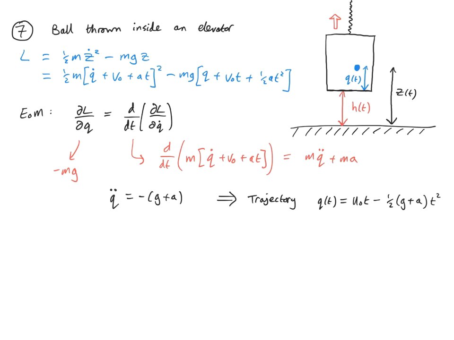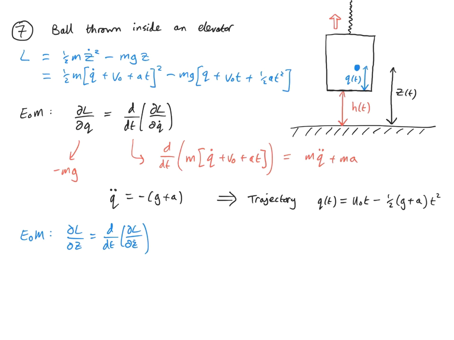Let's now have a look at the equation of motion written not in terms of the q-coordinate, but in terms of the z coordinate. We now have instead dL by dz is equal to d by dt of dL by dz dot. I can either go back to my original Lagrangian here and just compute this, or I can go to my expression for q of t and simply relate it to z of t through the h of t expression that I had on the previous slide.